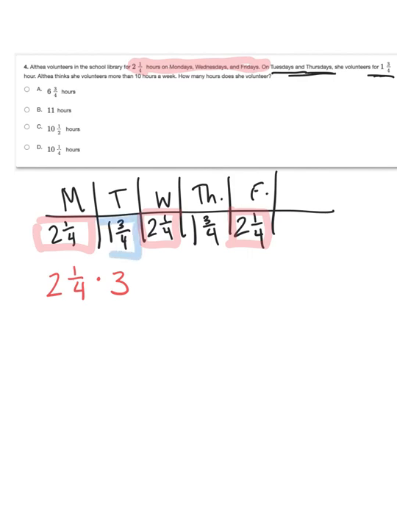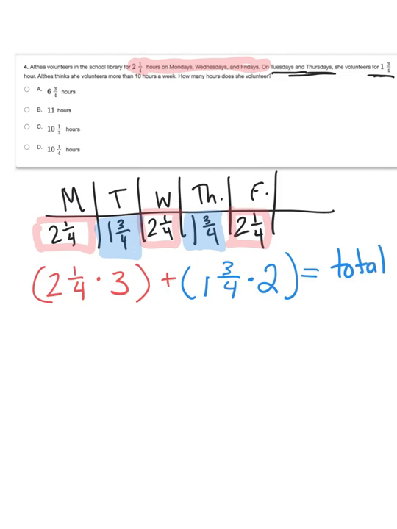Then we can take the time that she's there on Tuesdays and Thursdays, so that will be 1 3/4 of an hour times 2. And when we add all that up, we'll have her total.